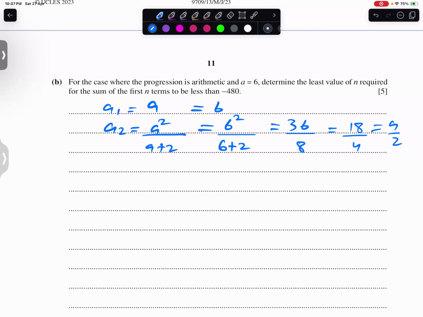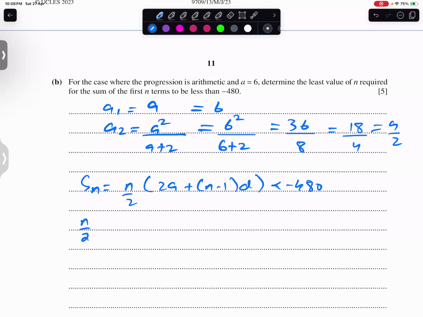Determine the least value of n. Okay, students. Determine the least value of n required for the sum of the first n terms to be less than this. So Sn is given by n/2 times 2a plus (n minus 1)d. This is my sum of n terms, and this is less than minus 480.